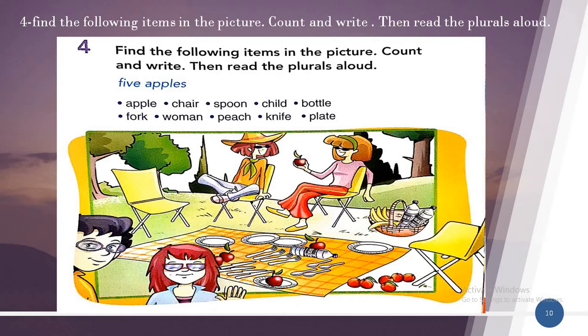We have apples, apple, chair, spoon, child, bottle, fork, women, peach, knife, plate. Excellent. Now take your time and count the items.